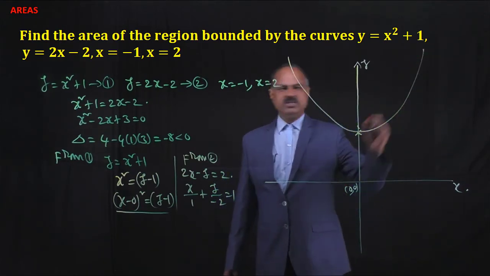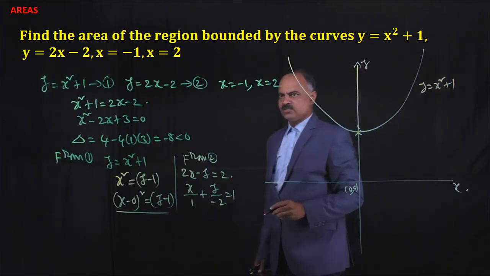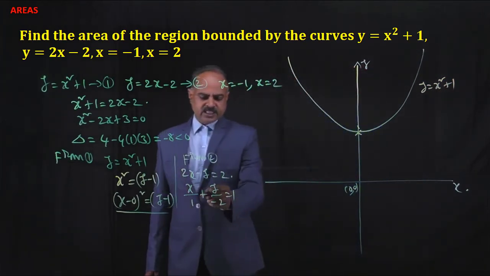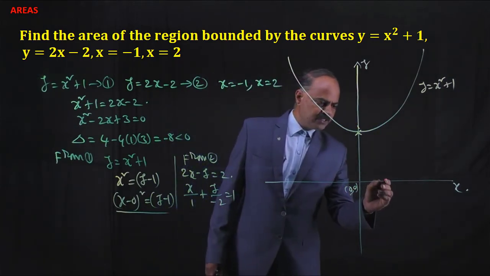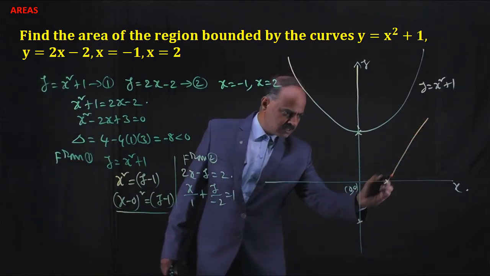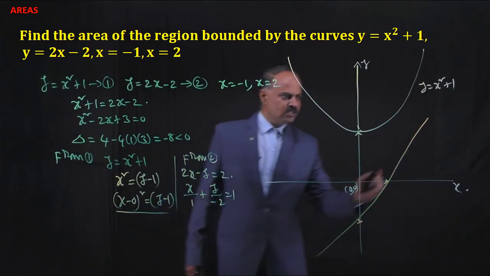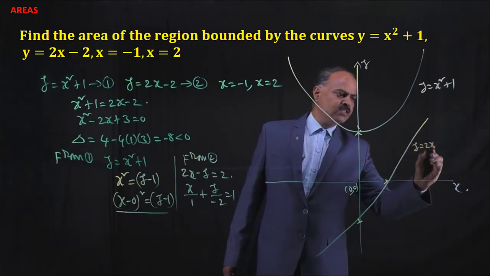This curve is y equal to x square plus 1, and the line x by 1 plus y by minus 2 equal to 1, x intercept is 1, y intercept is minus 2. So this line is y equal to 2x minus 2.